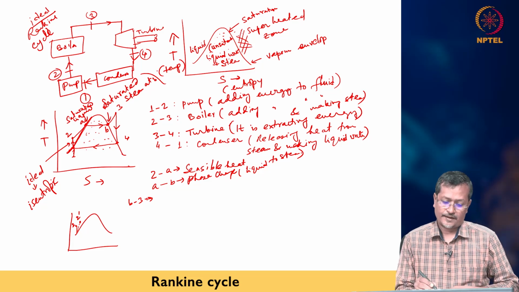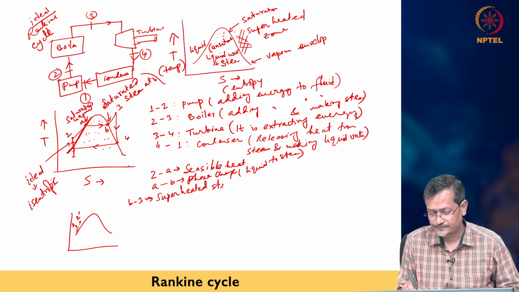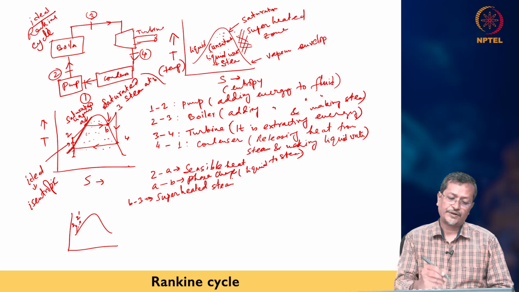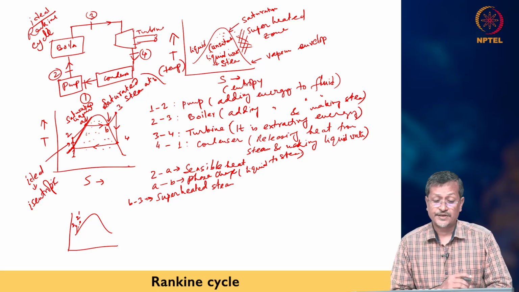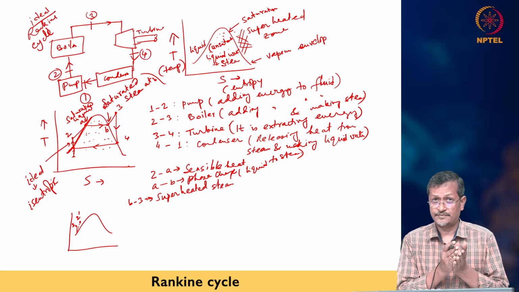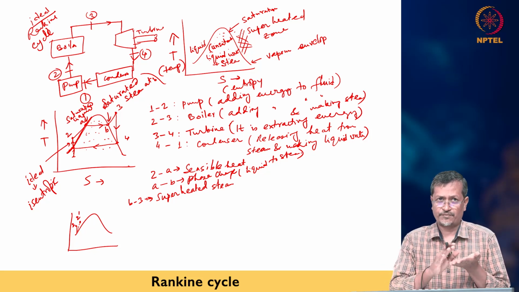Right, B to 3, what is happening? This is called the superheated zone, superheated steam. When you go from B to 3, you are creating superheated steam. At B you get saturated steam, say water at 1 atmosphere pressure and 100 °C.